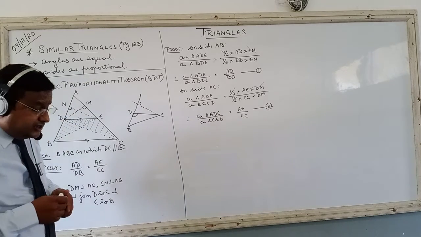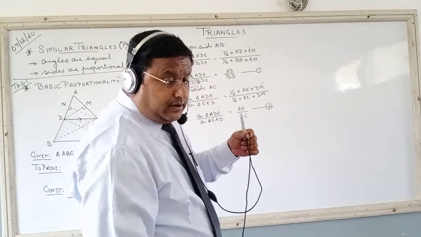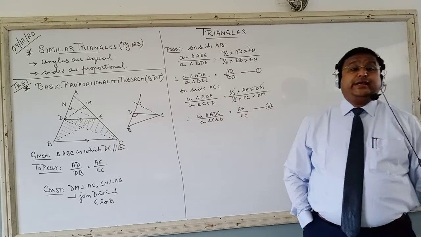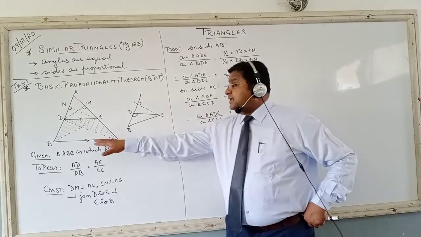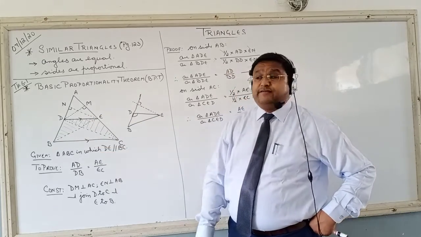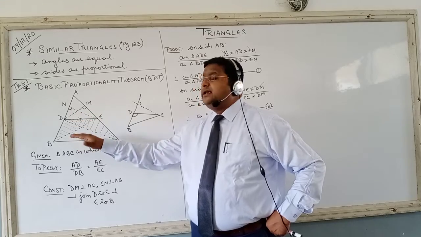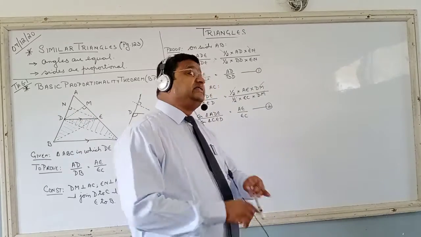So in class 9, chapter number 9, theorem number 9.1, it says triangles on the same base and between the same parallels are equal in area. Which is the same base? DE. Is it between DE and BC? Yes. So therefore they are equal in area. Class 9.